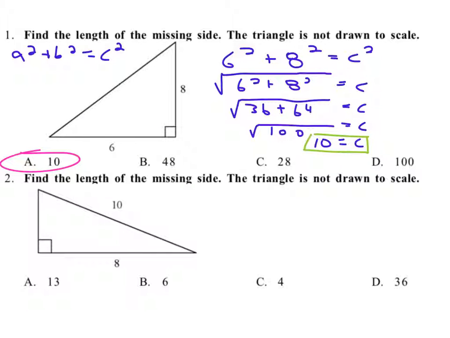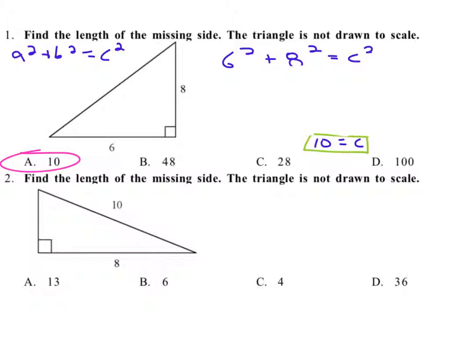But just be clear that when you're doing a squared plus b squared equals c squared, if you didn't do the square root, and you had brought it down to 36 plus 64 equals c squared, and then 100 equals c squared, you can see that 100 is something that they're offering you as a possible answer.